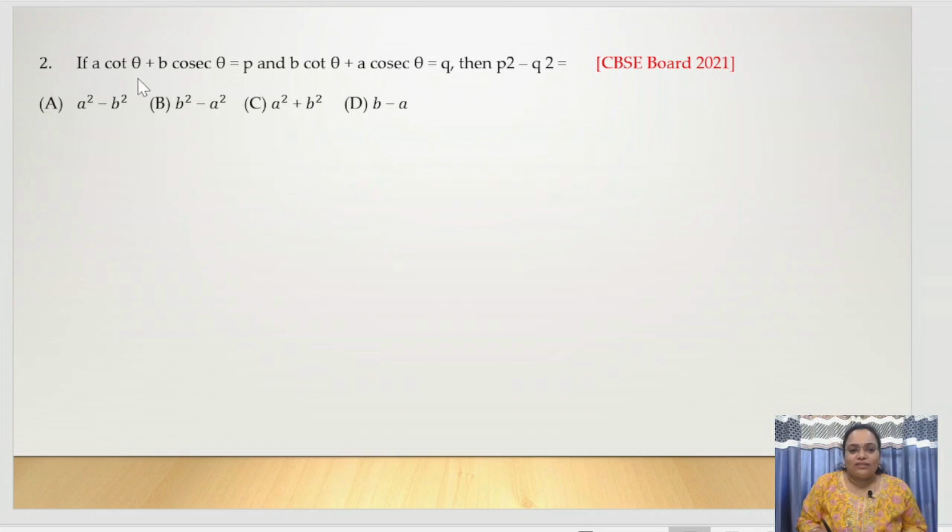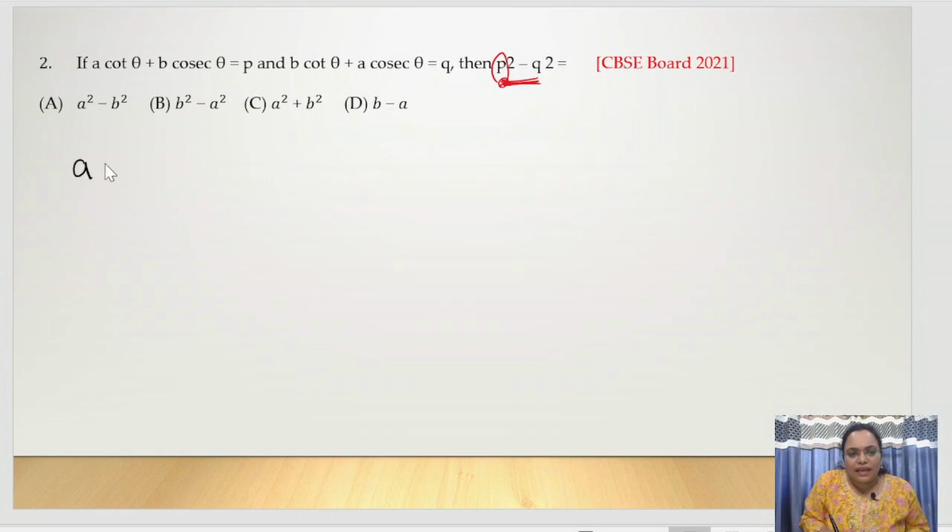Now let us see the next question. If A cot theta plus B cosecant theta is equal to P and B cot theta plus A cosecant theta is equal to Q, then we need to find P square minus Q square. So what is P?